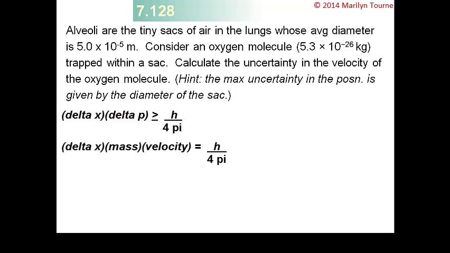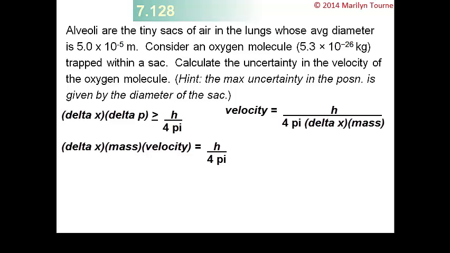So first I'm going to input that, so it's going to be delta x times mass times velocity. I'm going to change the greater than or equal to sign to just an equal sign, equal to h over 4 pi. Now I'm going to solve for velocity, which leaves me with v is equal to h over 4 pi times mass times the change in position.